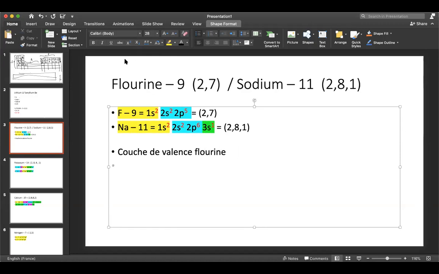And guys, same question for sodium. What is the couche de valence for fluorine, and what is the couche de valence for sodium?